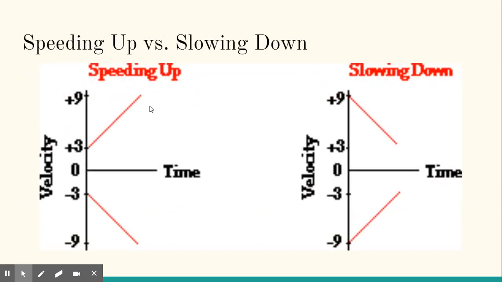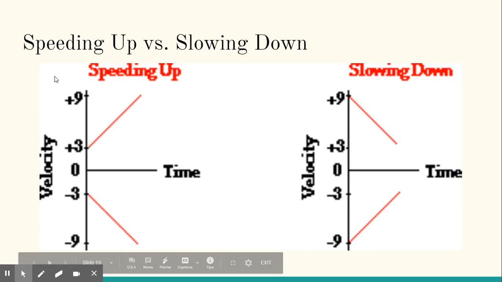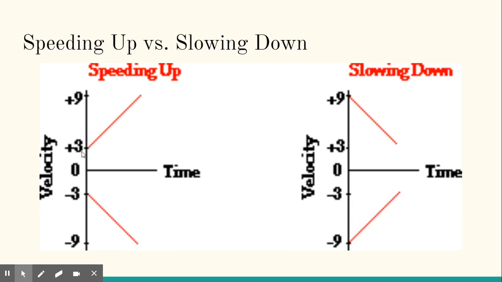So this is speeding up versus slowing down. In both of these scenarios, we see speeding up because the magnitude is going to get higher. In this case, we start at 3, maybe it's 3 meters per second, and we move towards 9. That's probably the easiest one to understand, speeding up.